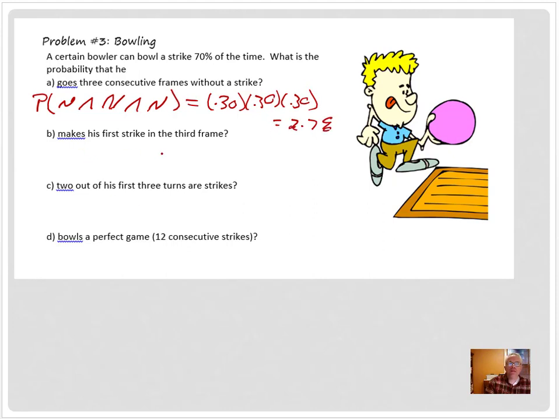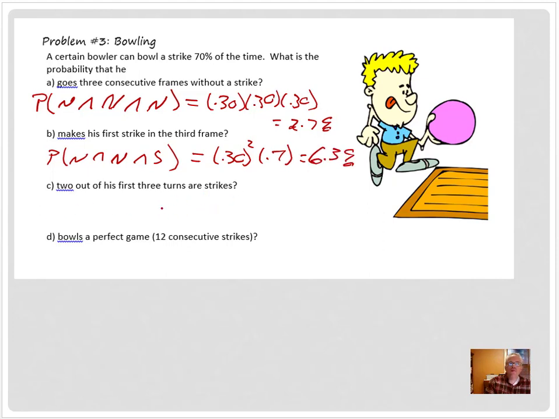Okay, first strike on the third one. So that'd be the probability of not a strike, and not a strike, and then a strike. So that'd be 0.30 squared for the 2 not strikes times 0.7, which gives me 6.3%.